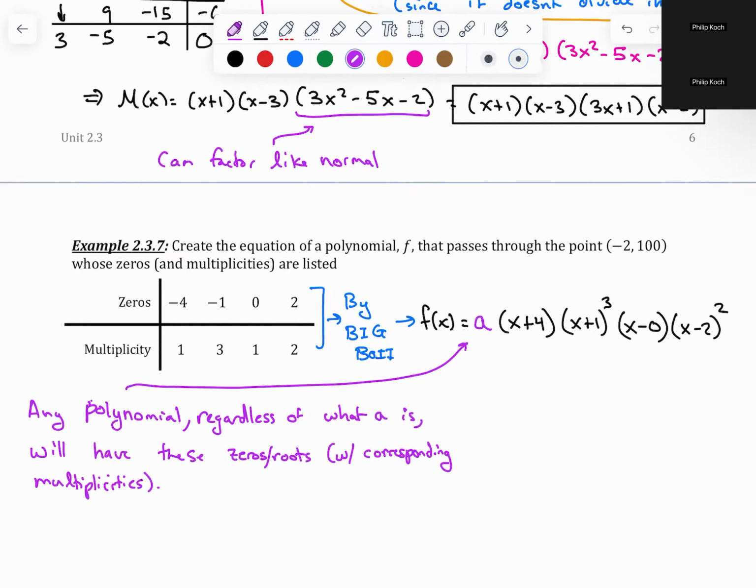I could make a equal to 10 billion, and it will still have those zeros with those multiplicities.